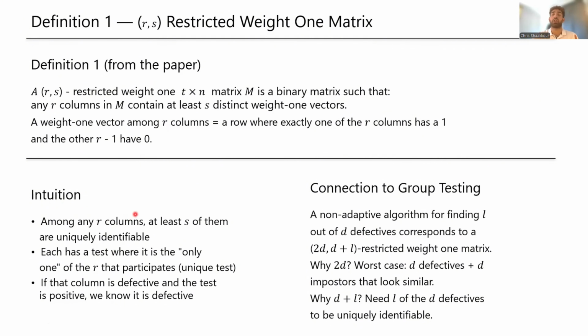Okay, so the index, the 1 inside of this row is defective. And the connection to the group testing is that we're going to see in the next slide in the algorithm that if we define a matrix that is 2D by L restricted weight 1 matrix, we can ease up the work and use a few lemmas that will lead us to a result.